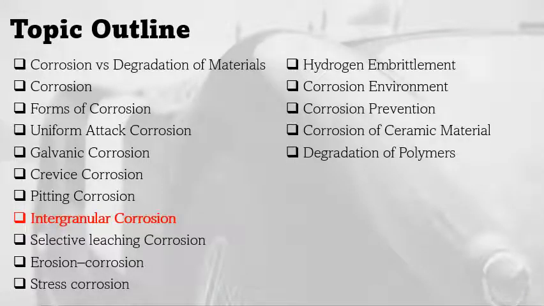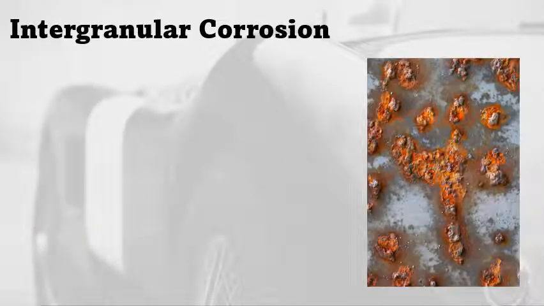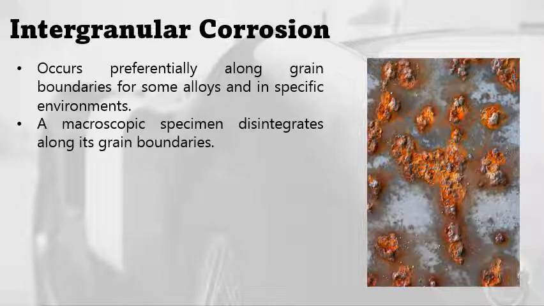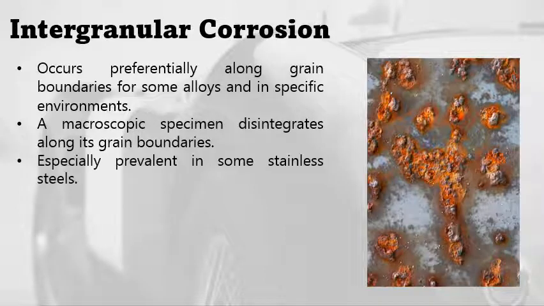Let's move forward to the fifth form of corrosion, intergranular corrosion. Intergranular corrosion occurs preferentially along the grain boundaries for some alloys and in specific environments. The net result is that a microscopic specimen disintegrates along its grain boundaries.